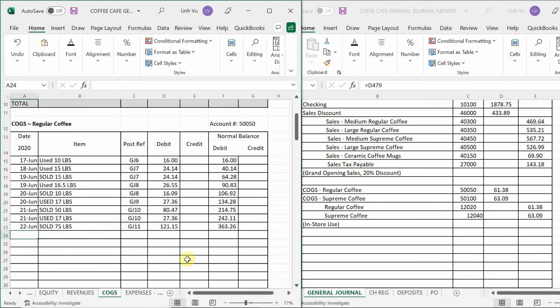Okay. Sold 38. In this case, we used 38 pounds. Okay.